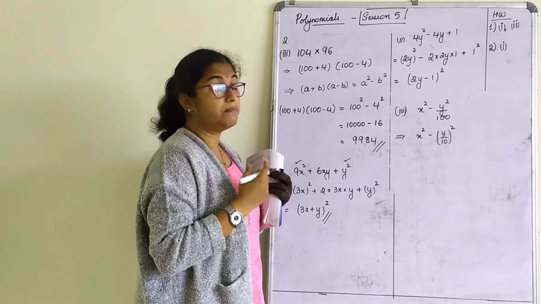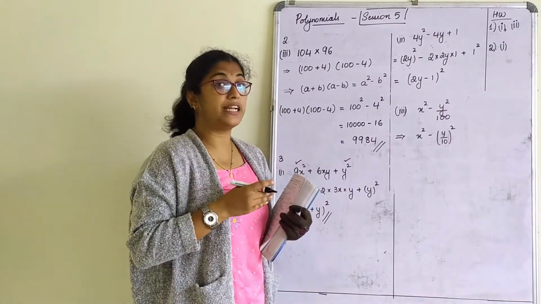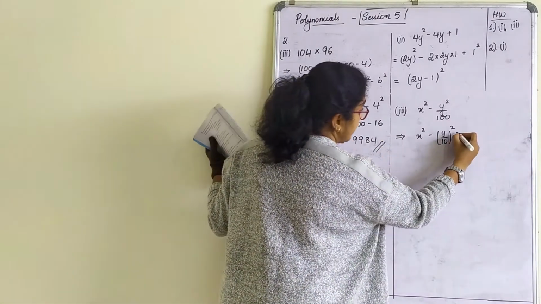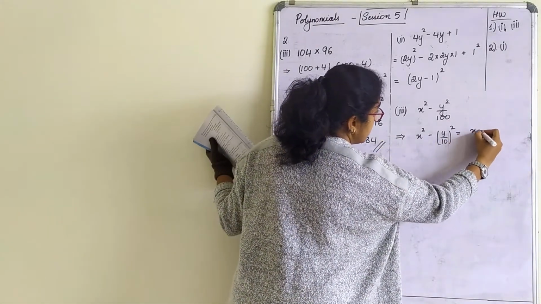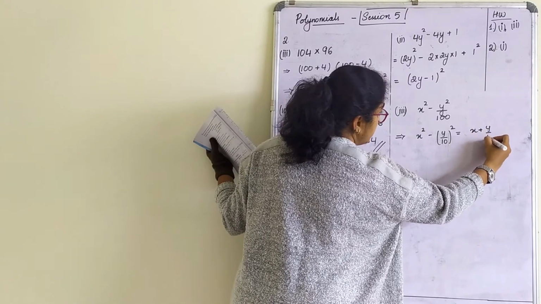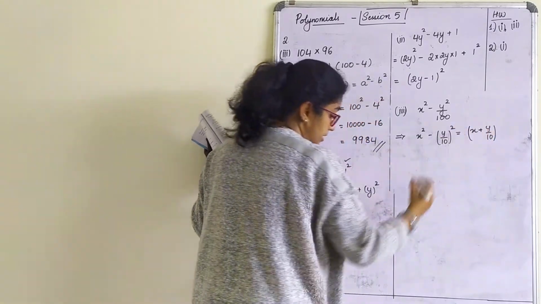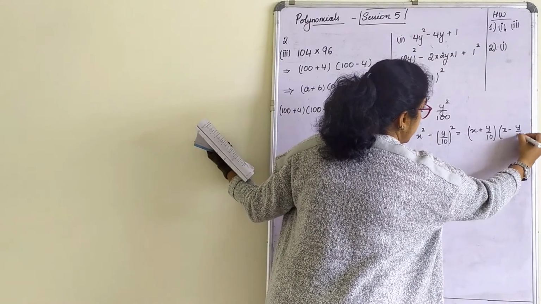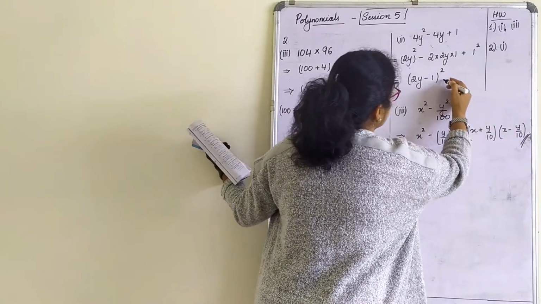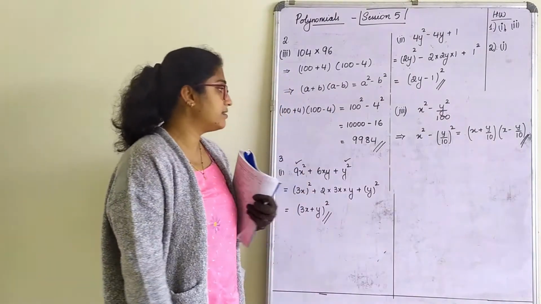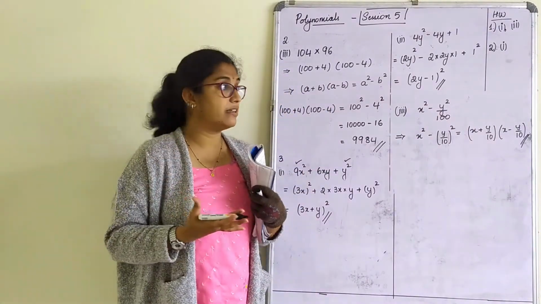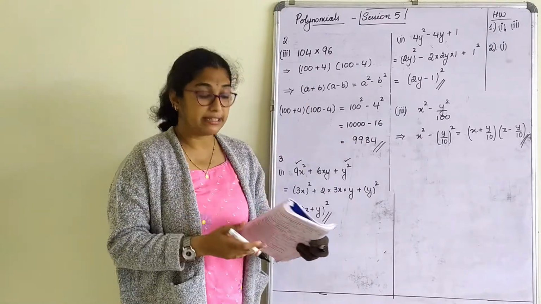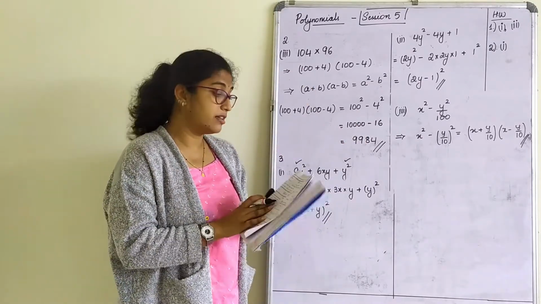Again I am repeating, perfect squares up to 20 you have to be perfect, perfect cubes up to 10 you have to be perfect. So this can be written as x plus y by 10 and x minus y by 10. So these are the final answers. Please learn to highlight the final answer, either by putting it in a box or by ticking it, anything. So there we complete this third main.